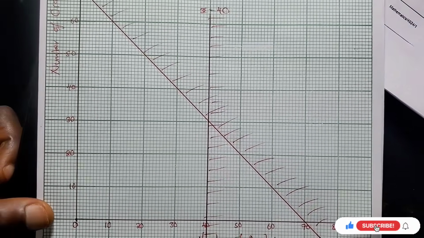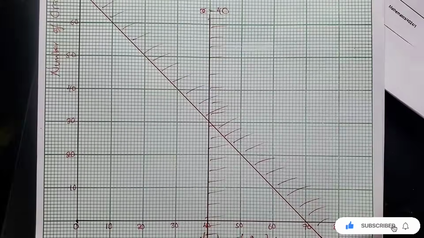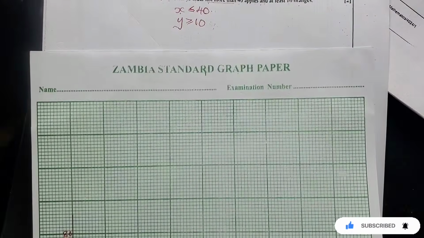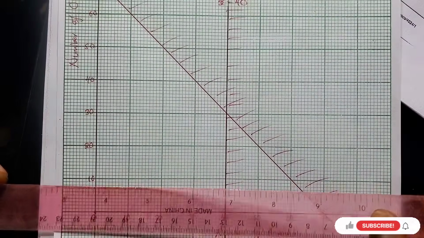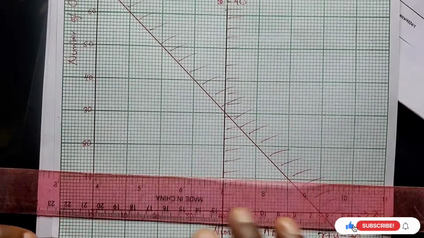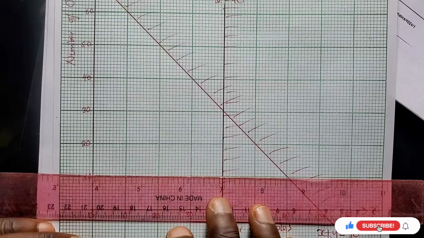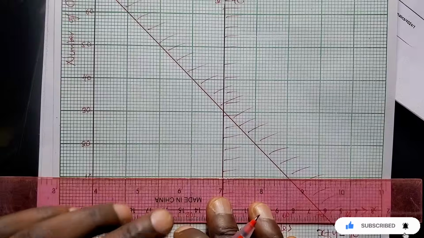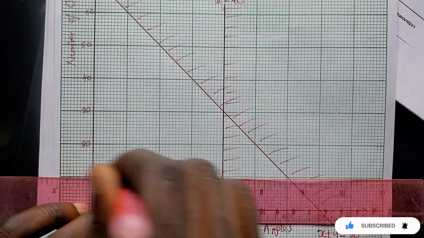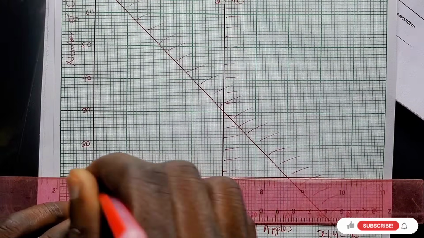The next is y is 10, if I'm not mistaken. Yes, y is greater than or equal to 10. So this is where y is 10. You draw a straight line like this.